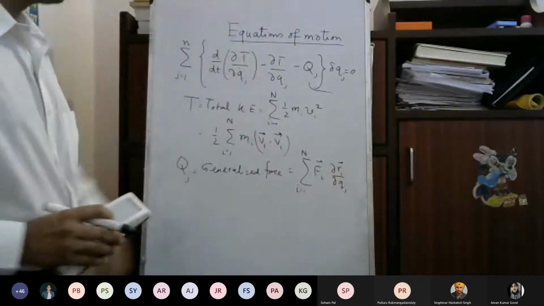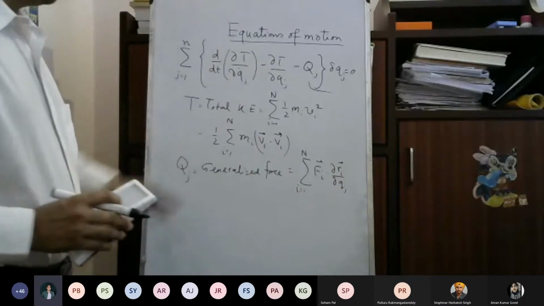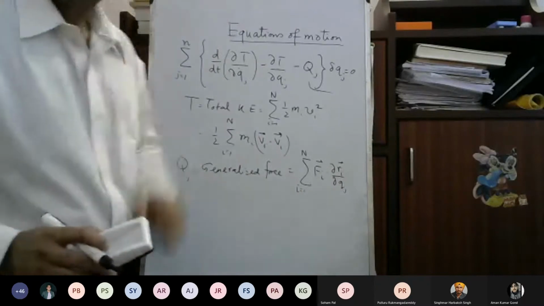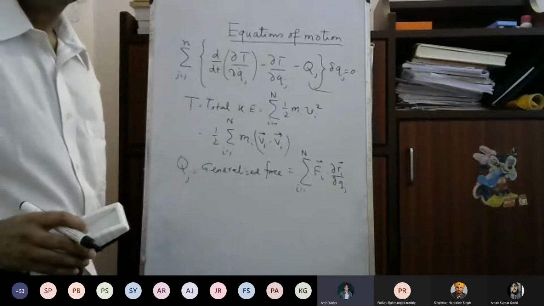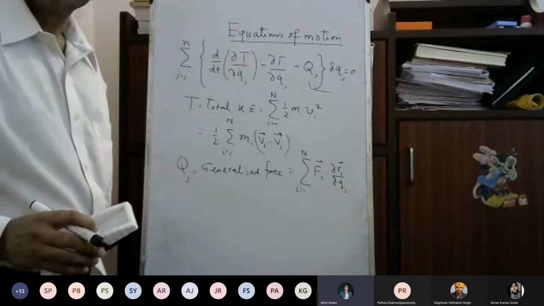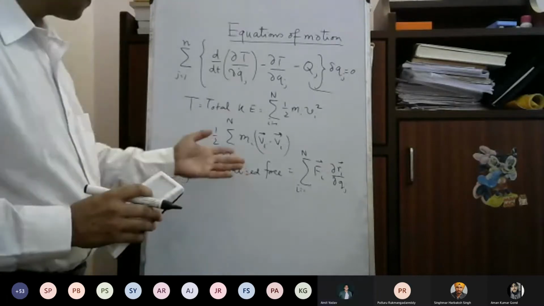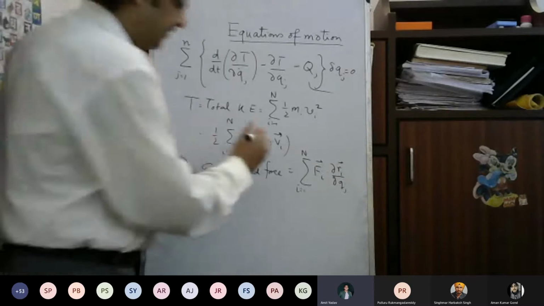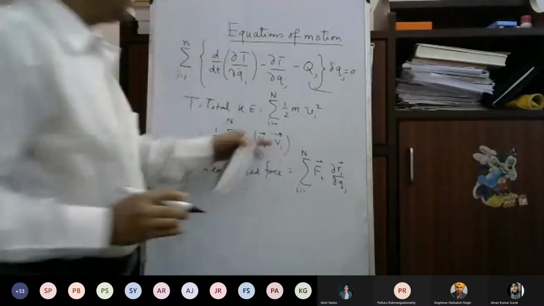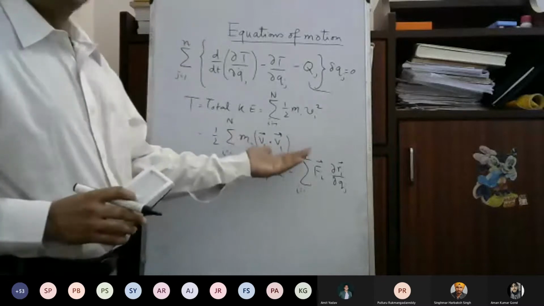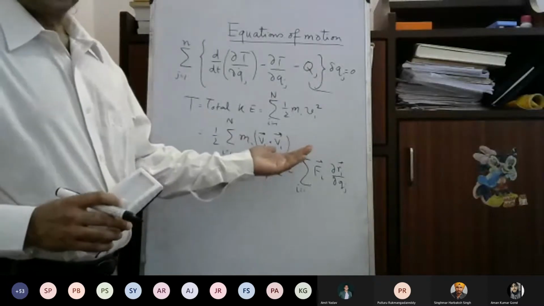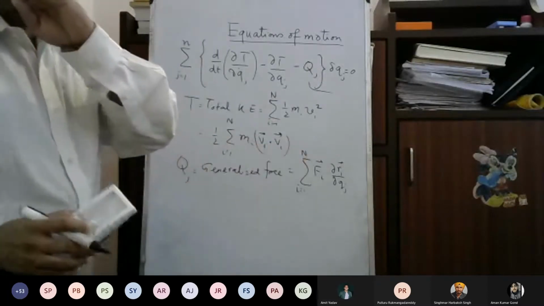So this is the expression of the generalized force. Sir, what is that written, that summation of m_i, v_i dot v_i? This is the dot product of v_i with v_i itself. So this is the magnitude v_i squared, which is nothing but the dot product of the same vector with itself, right? Identical vectors.